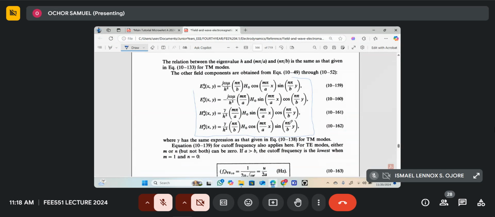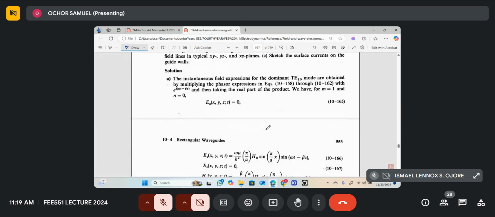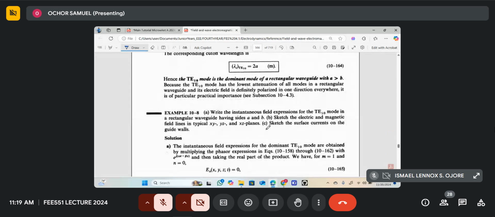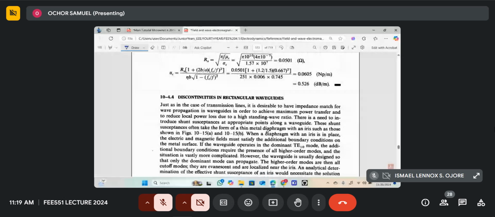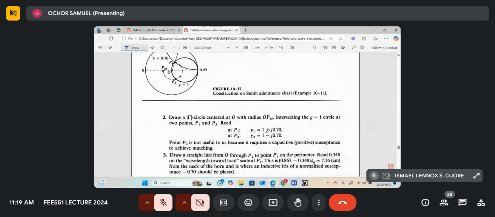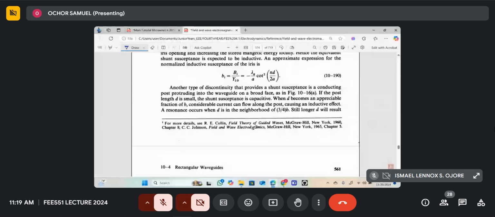Eriko was saying that if we look at the expression, for example, HX for TM, you can see it has such an expression where you have sine and cos. So you're saying it can be both.